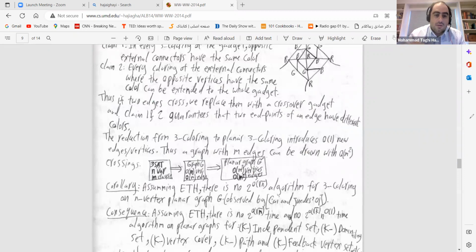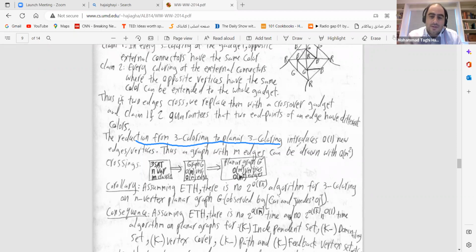Good. So when we are doing this reduction from tricoloring in general graphs to tricoloring of planar graphs, essentially for each edge, we are introducing new vertices.